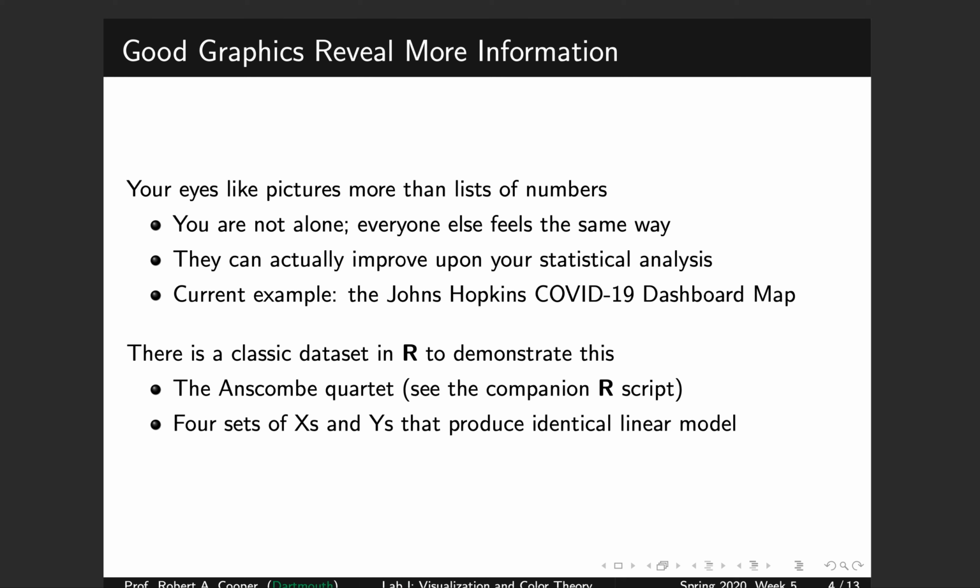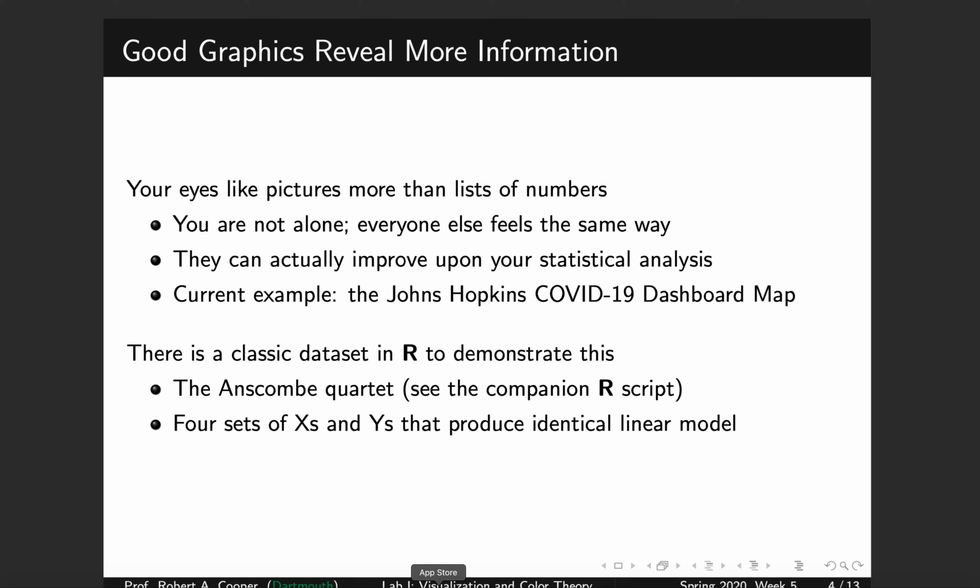Or you might have seen the Johns Hopkins COVID-19 dashboard map. These things are dominating the headlines right now because they're really important for us to understand what's going on. Because, God forbid, you try to actually read the table of data, your head would spin and you wouldn't be able to make heads or tails of it. So these are increasingly important skill sets for you right now.